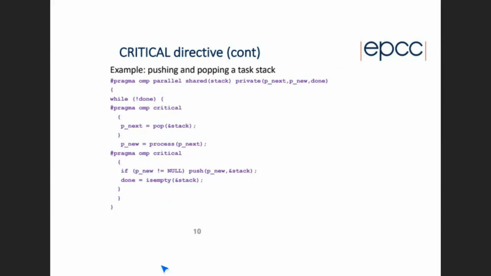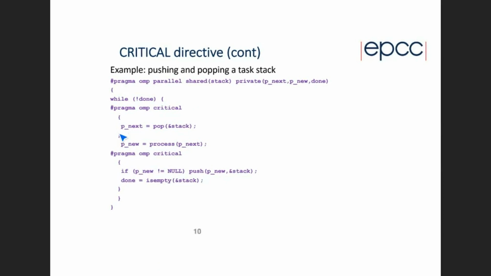So the thread enters that first critical region. That blocks all of the threads going through. So that P new process can continue independently. That's not covered by the critical. So that's outside the critical.